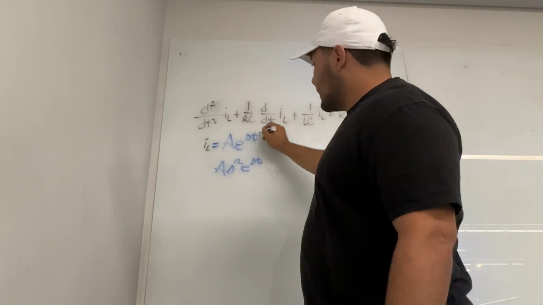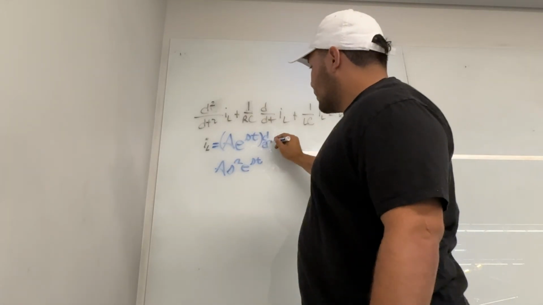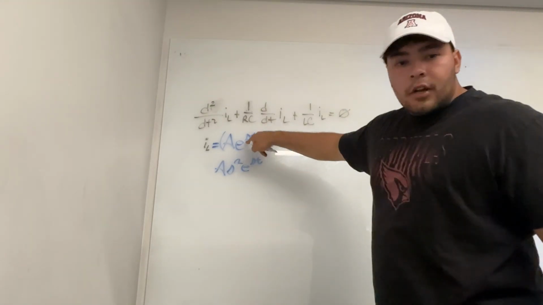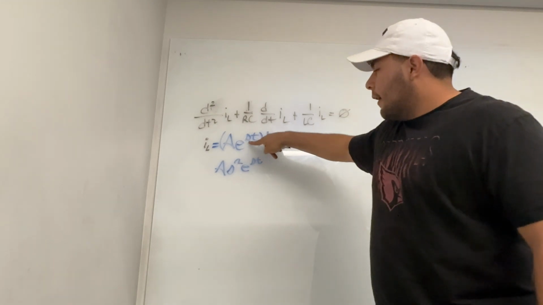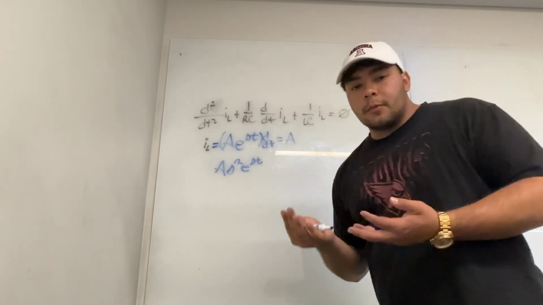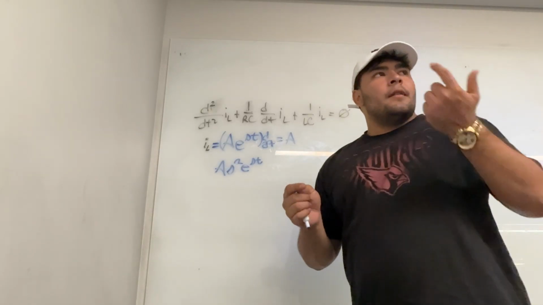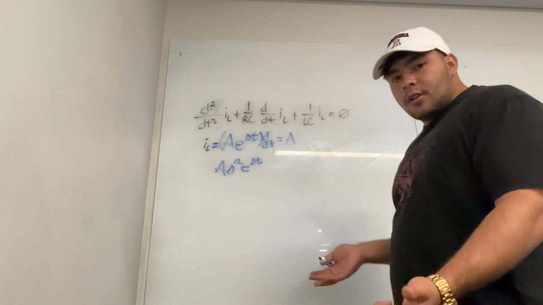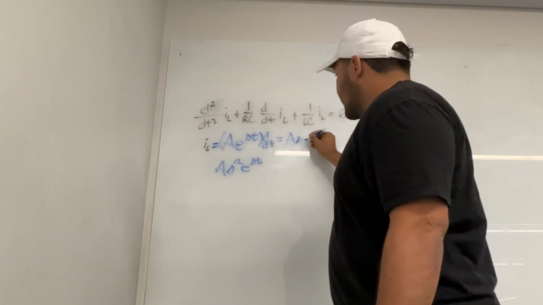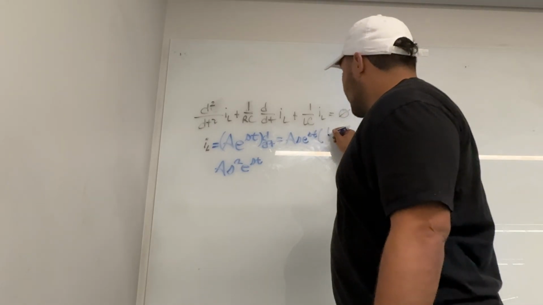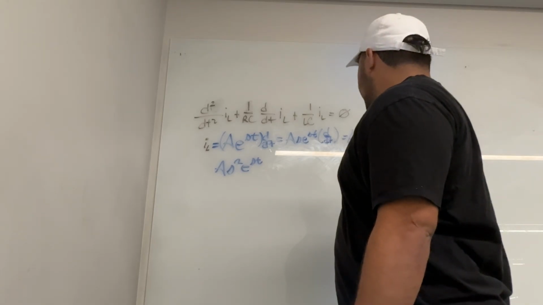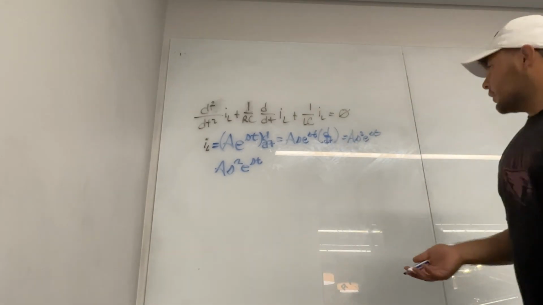The reason why is because when we differentiate that to the first derivative, the exponent comes down. I believe that's the chain rule in calculus. So now we have A times s e to the st, and then when we differentiate again, suddenly we get A times s squared e to the st. Okay, that's pretty intuitive, right?